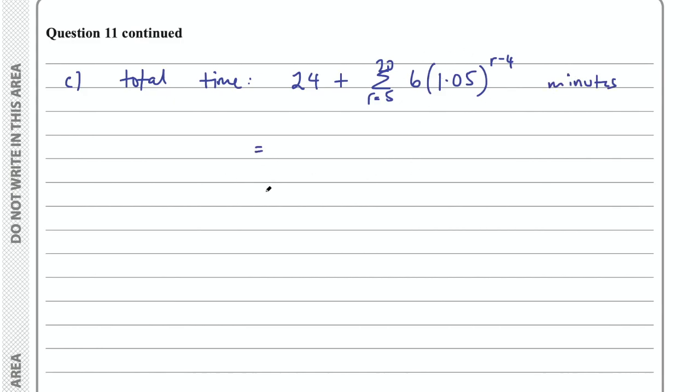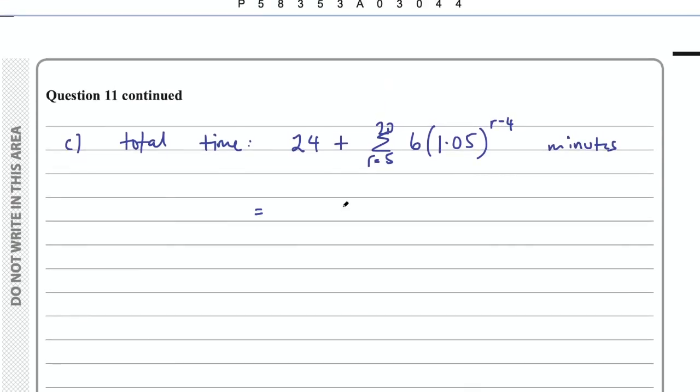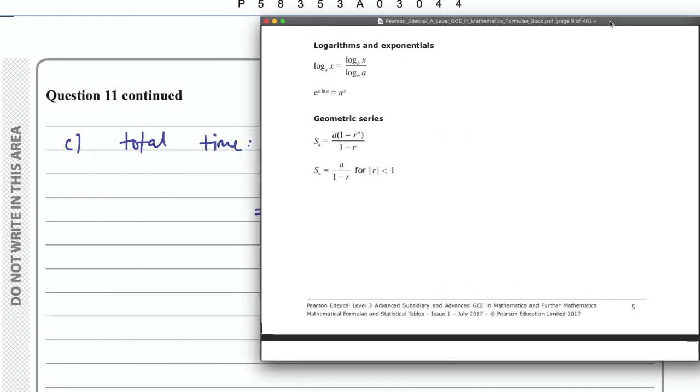So this would be equal to, now actually I'm going to write down the formula for a geometric series up here somewhere. The sum of a geometric series is in your formula booklet as well on page 5. This is the one I'm talking about here.